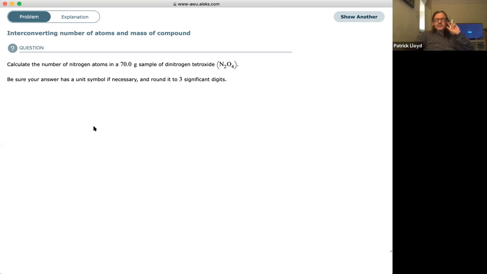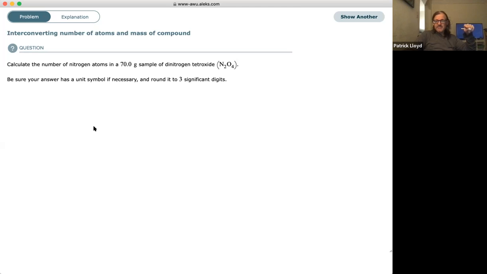Again, still section 3.4. Calculate the number of nitrogen atoms in a 70.0 gram sample of dinitrogen tetraoxide. See the di and the tetra? Di means 2. Mono is 1. Di is 2. Tri is 3. Tetra is 4.